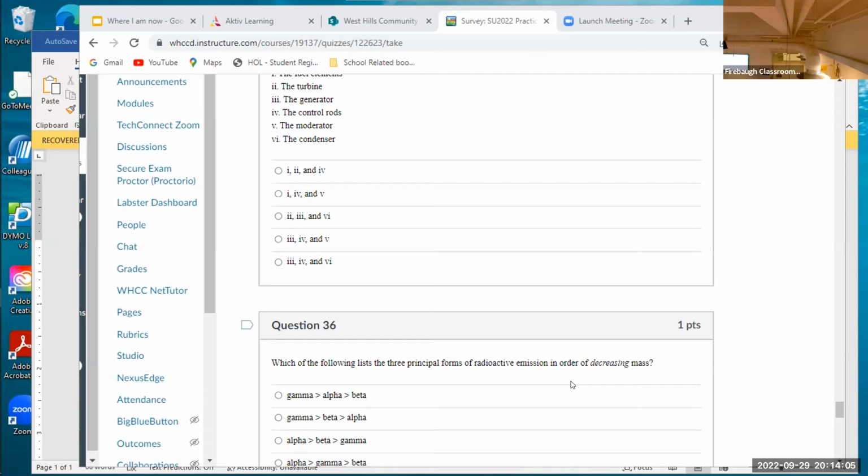Alpha is going to be the heaviest because alpha is He, 4 over 2. Then beta, which is e, 0 over negative 1. And then gamma. So pretty much gamma and beta would be comparable to each other. So we know it's not the first one. We know it's not the second one.